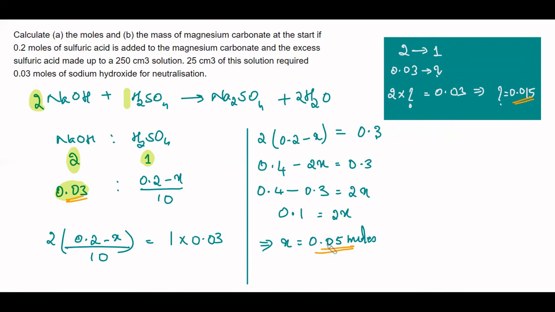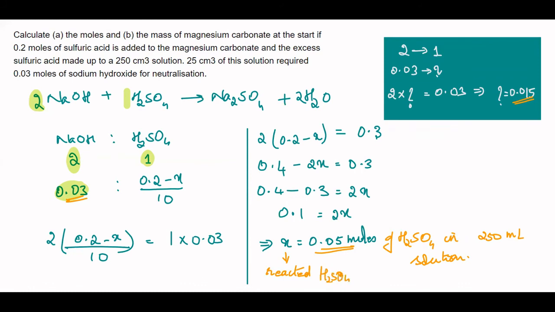So I highlight the 0.05 moles of sulfuric acid is there in 250 ml solution. And that too, if you could recollect, we had assumed X to be the reacted quantity. X was the reacted sulfuric acid, not the leftover.